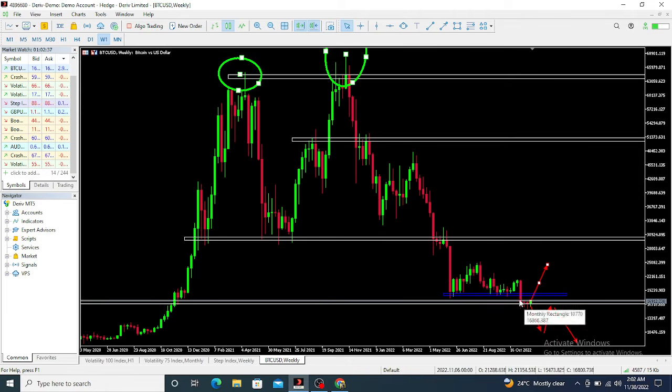So the level where Bitcoin currently is is a very strong level, which you should be looking out for, either buys or sells.